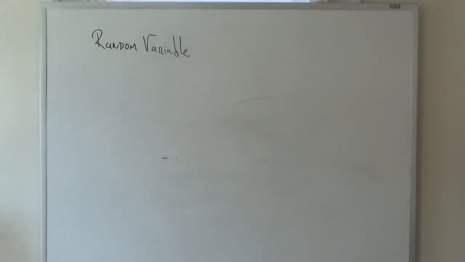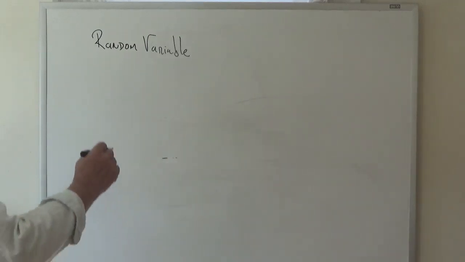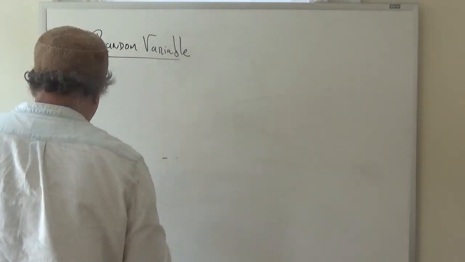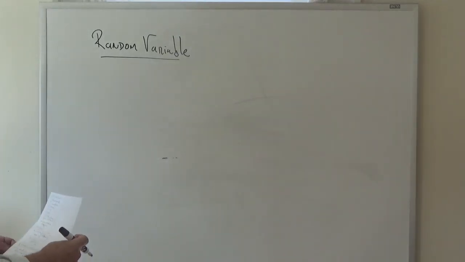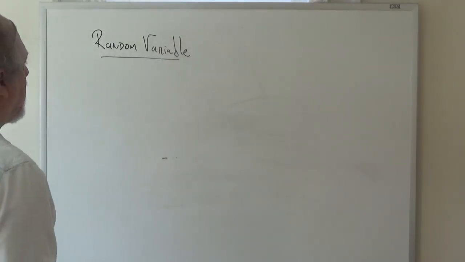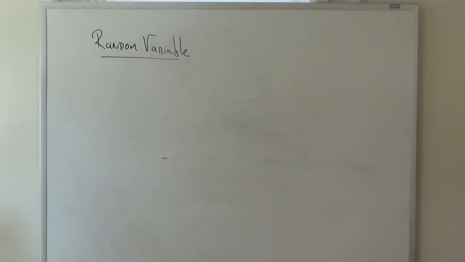Meaning I don't really have any way to predict what it's going to be, even though I realize that something is determining it, right? So I won't go into defining a random variable from a formal point of view. I will just say we have an intuitive understanding of randomness.